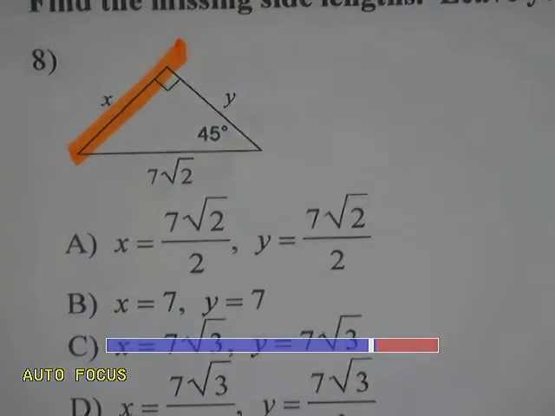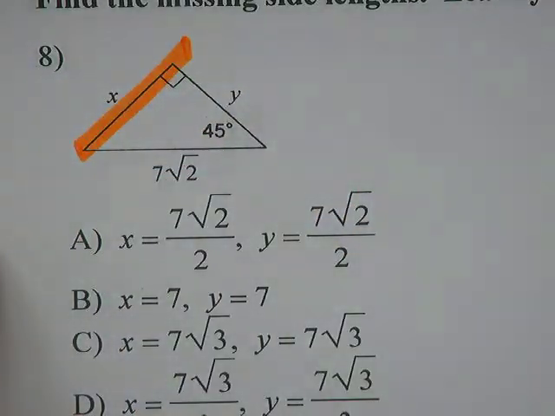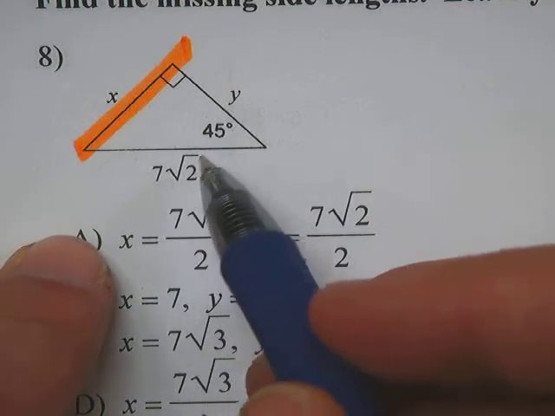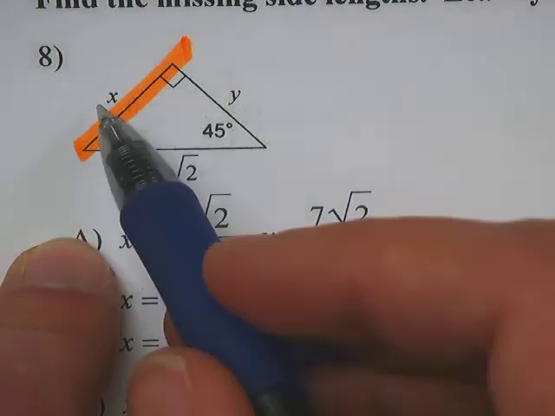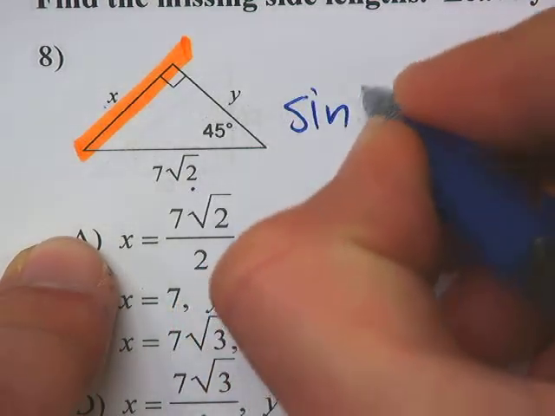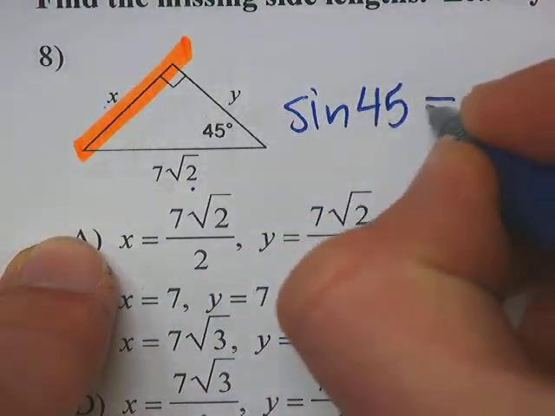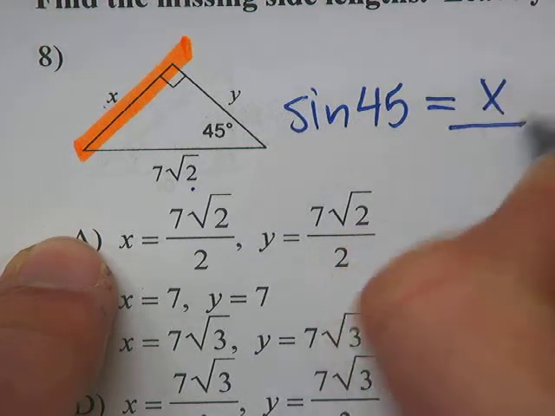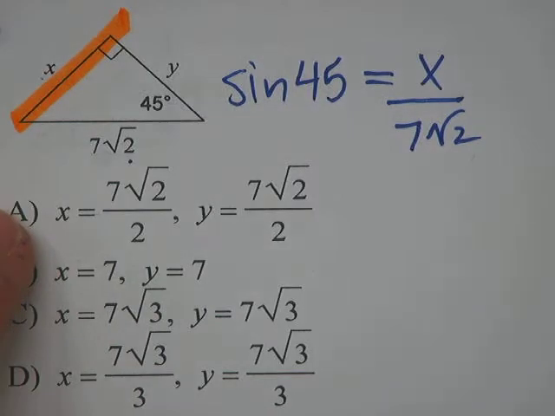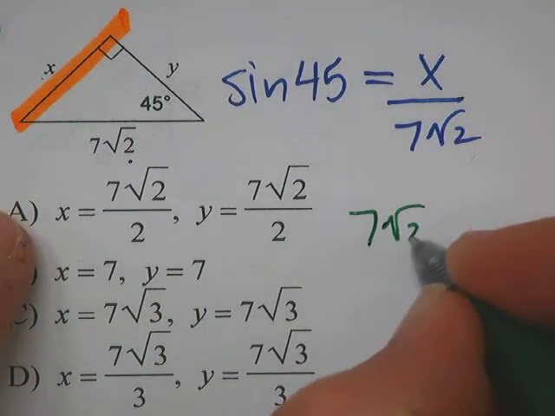So I'm going to use trig to find this missing side. If I'm looking for x over here, I'm going to use 45 degrees, and I'm going to use 7 square root of 2. I know it looks weird, just don't worry about it, okay? It's just a number. So I'm going to check opposite over hypotenuse. That works.